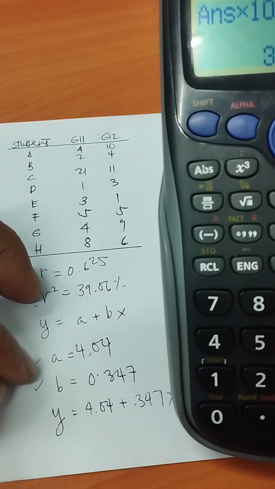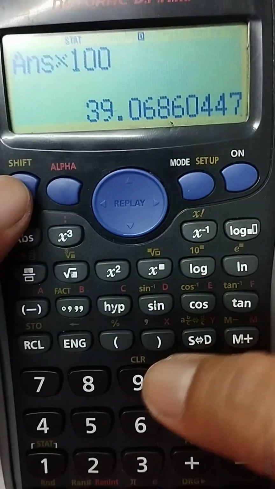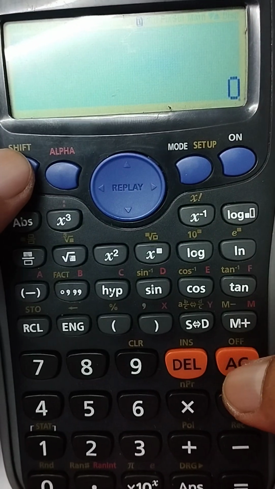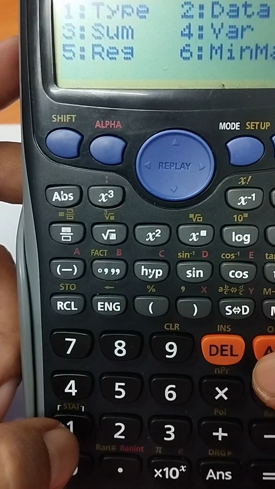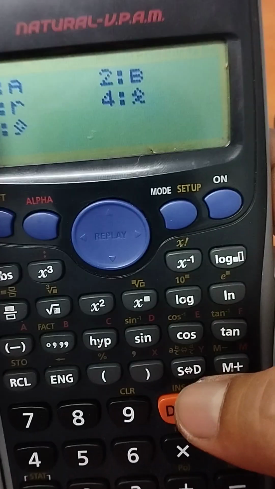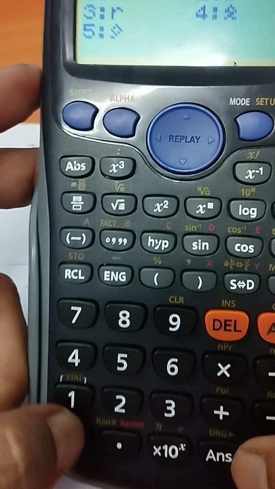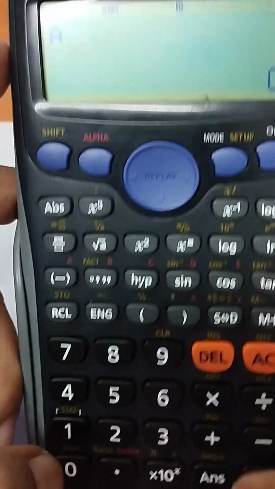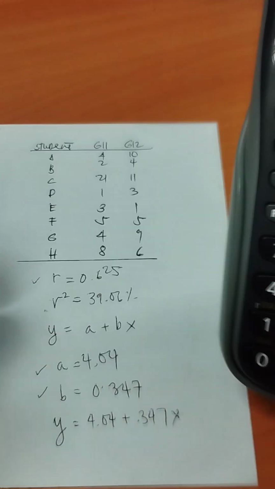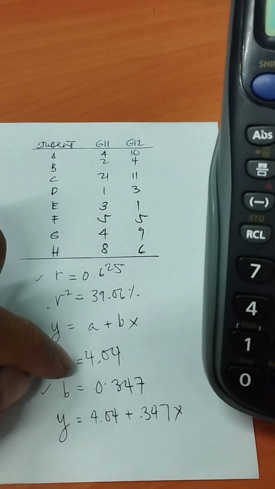In terms of the regression coefficients A and B, you can go shift stat reg, then look for A. You can go 1, then press the equal sign. You have 4.04, that's correct.